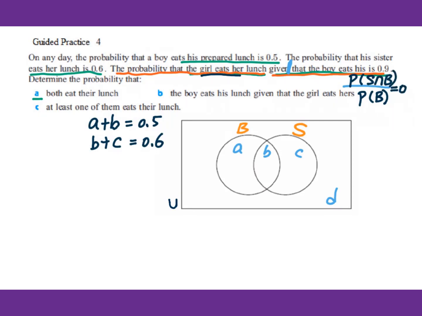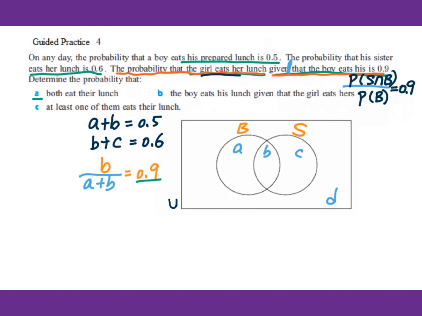This equals 0.9. In other words, we can write that as B over A plus B, the probability of the sister and the boy both eating lunch. For this Venn diagram it will be B. That equals 0.9.